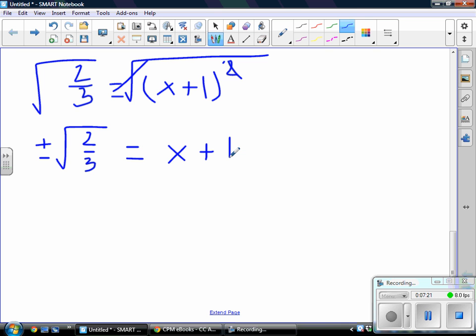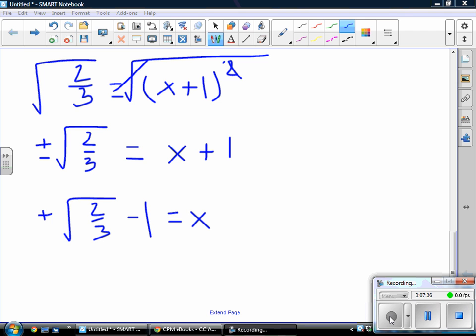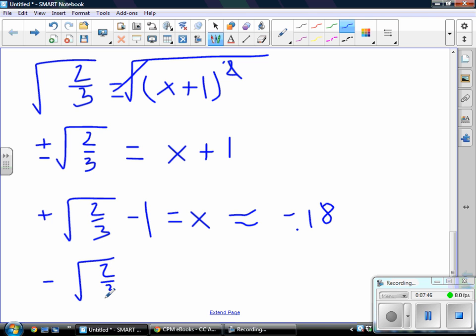So to find your x-intercepts, I can take the positive square root of 2/3 minus 1 equals x. That is one of your answers. If we type that into our calculator, we will get approximately -0.18. Now I'm going to take the negative square root of 2/3, because remember, I have plus or minus, and I have 2 answers.